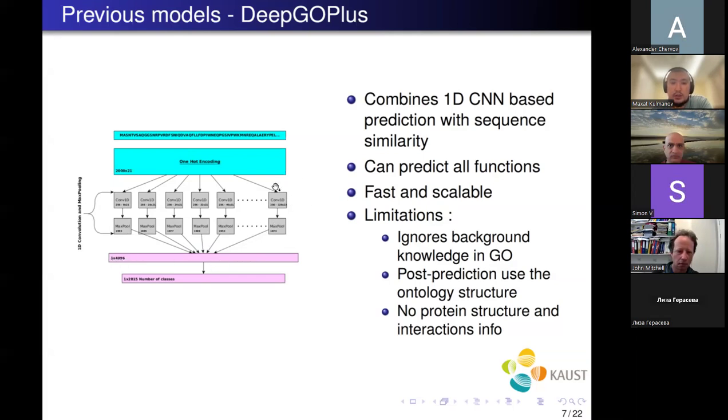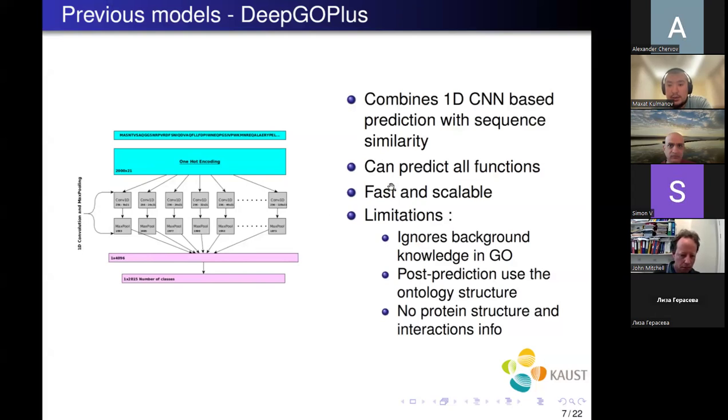We also removed the PPI part because many proteins were missing interactions, and we increased the number of classes. We also removed the GO hierarchy because it was not very scalable. It was very slow. And we wanted to improve protein function prediction performance over what we had, but we had to sacrifice some of the components to do this.